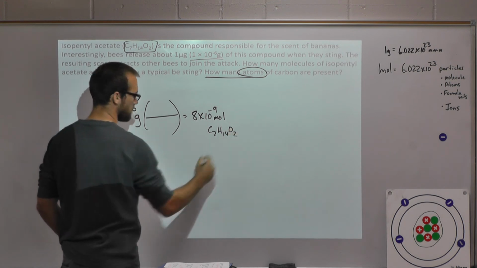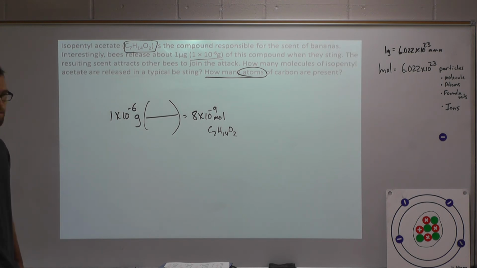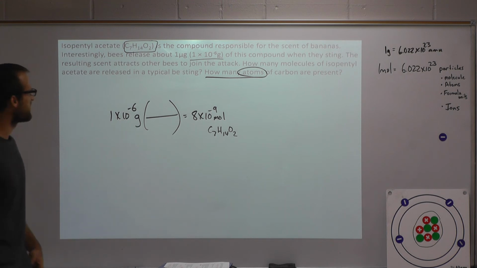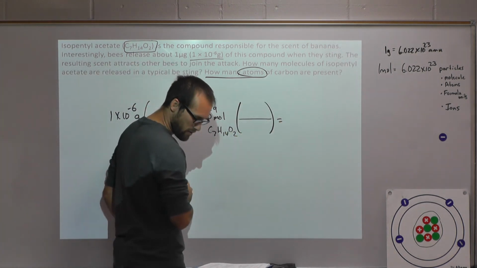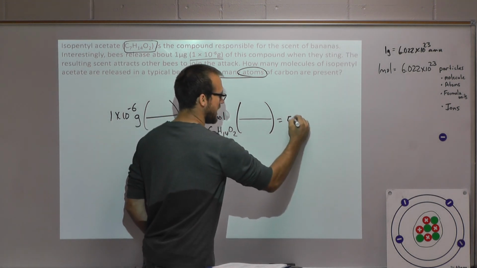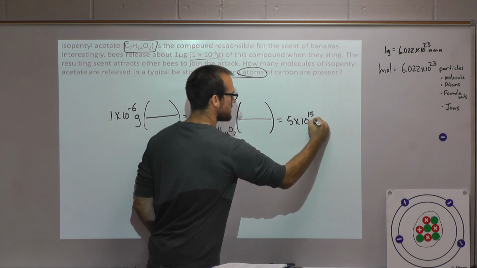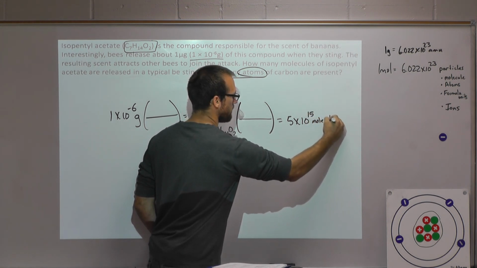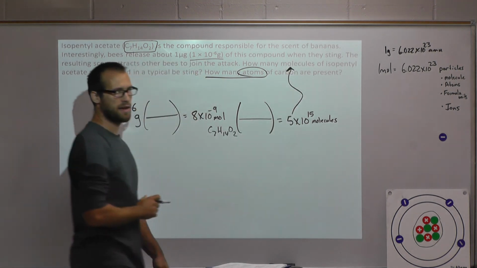Could I then take that and figure out how many molecules I have? Yeah. How would I do that? Avogadro's number, right? Okay. So I'd do another conversion to figure out molecules, and it's 5 times 10 to the 15 molecules. So that would answer that question, yes?